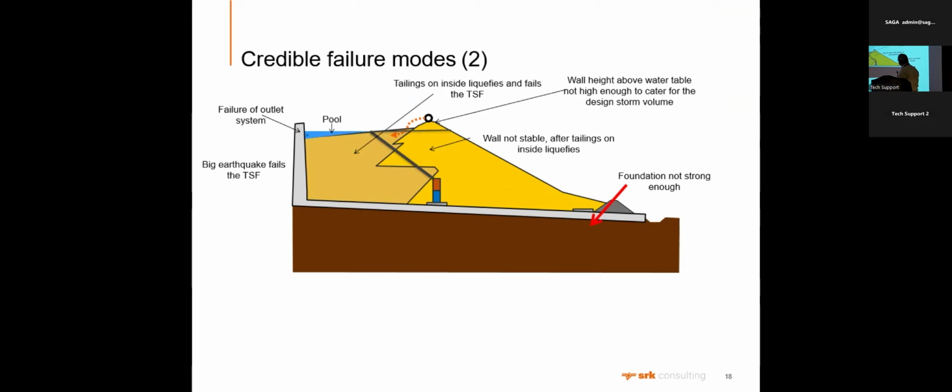If this material liquefies, it can fail the wall as well. And then something that Lindsay was talking about, if your foundation is not strong enough, then that can also fail the tailings dam. And I'm not going to go into all the details of what sort of failures can occur with regard to that. This is just a high-level overview for now.